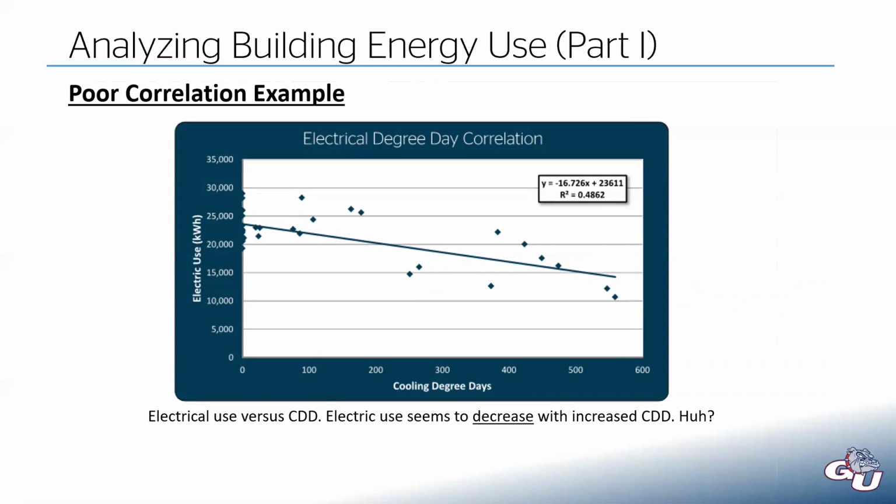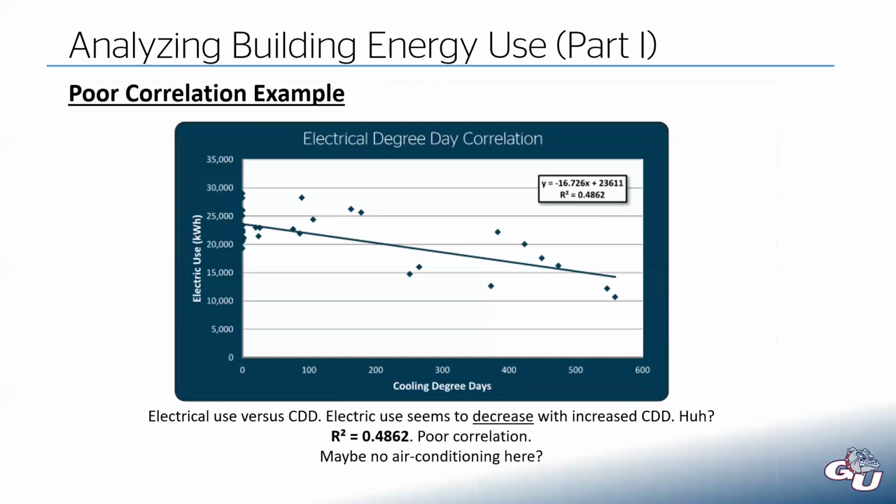We can still try to run a regression on this and come up with an equation. And we do that and we see we actually have a negative slope on this. We're seeing a decreased use, and our R squared is 0.48, which is not great. That's a pretty poor R squared, which means the data does not fit very well.